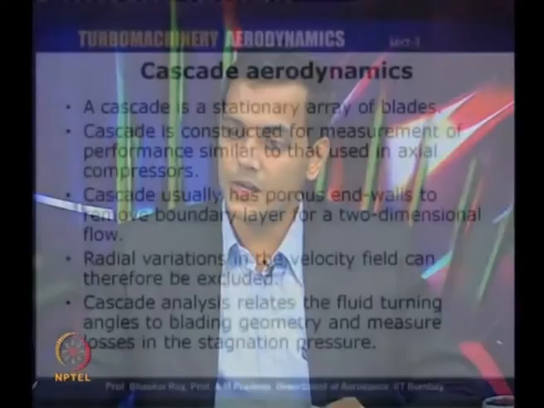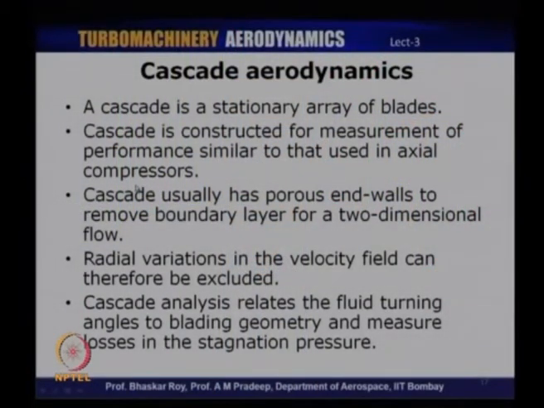Now, cascade wind tunnels usually have porous end walls, so as to remove the boundary layer, so that you get a pure two-dimensional flow. One would not like to have a three-dimensional flow in a cascade. In a typical conventional cascade tunnel, one would like to remove any three-dimensional effects, and this is ensured by removing the boundary layer from the casing, so that the end walls of a cascade are porous.